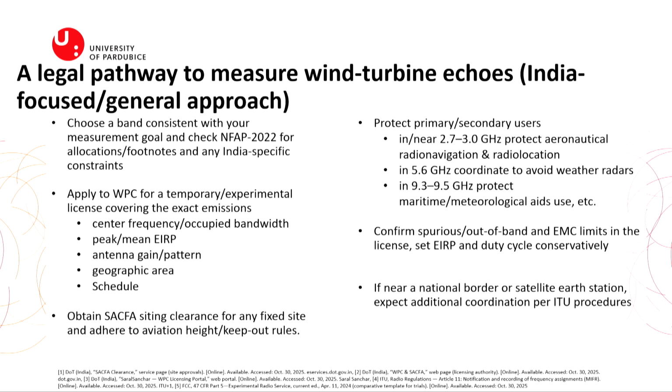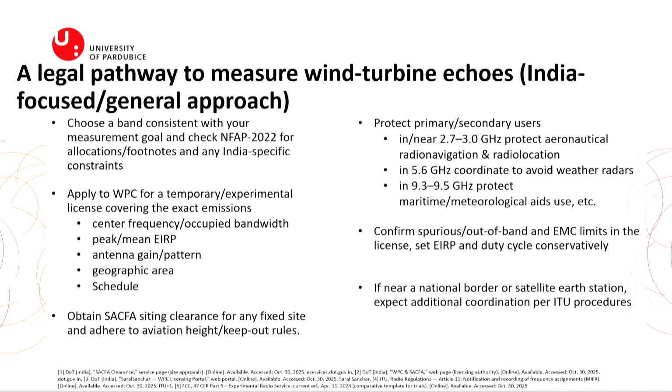So there is a step by step of what you need to do. Choose a band consistent with your measurement goal. So you look first at the document. Apply to WPC for a temporary or experimental license. You need to tell them the center frequency, so it is your carrier frequency, peak and mean radiated power, antenna gain pattern, geographic area where you want to measure, and schedule when.